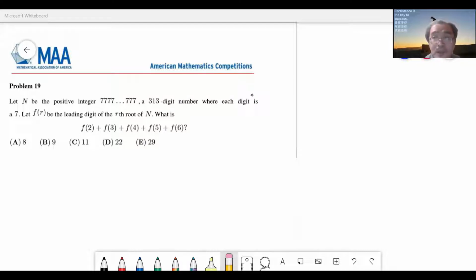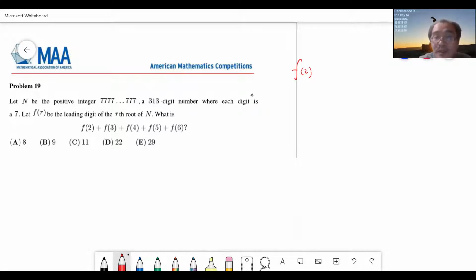For this question, we need to know what f_r exactly means, right? So we can just see if we have f2, basically what that means is the second root of this number, right?